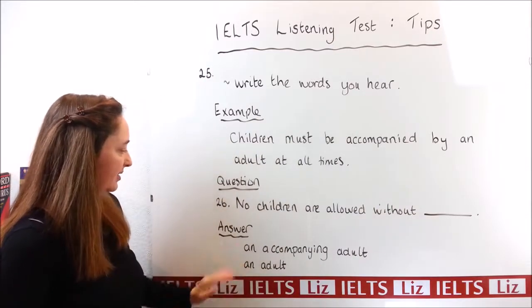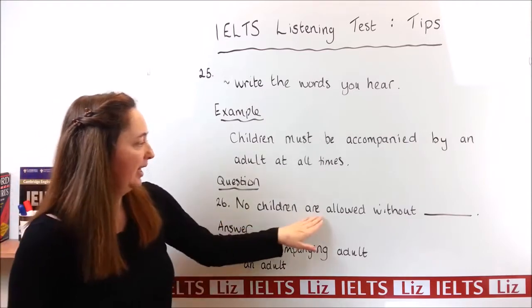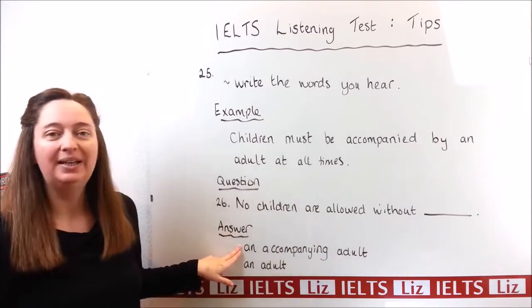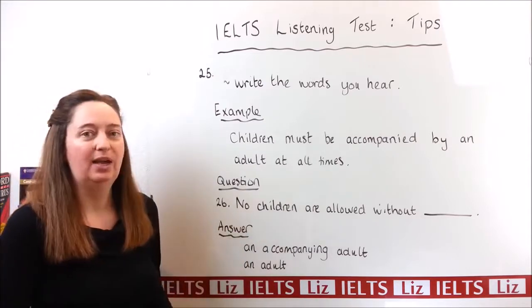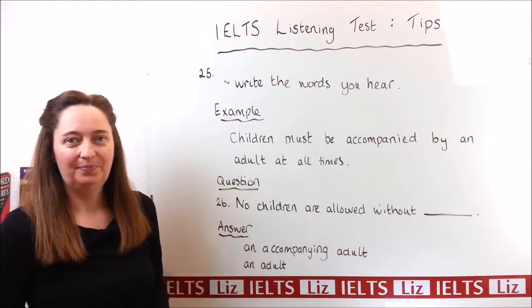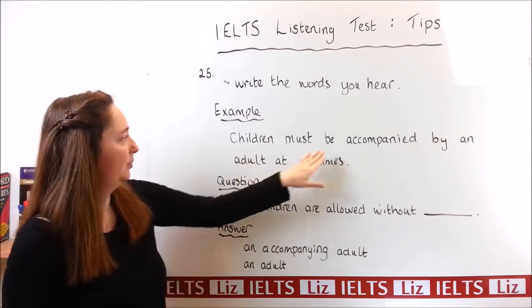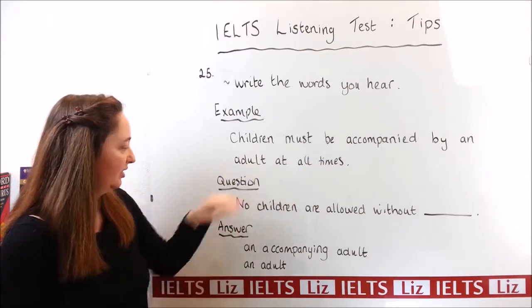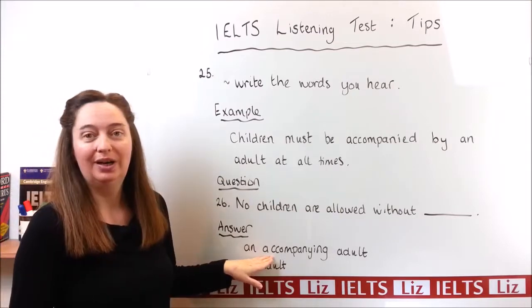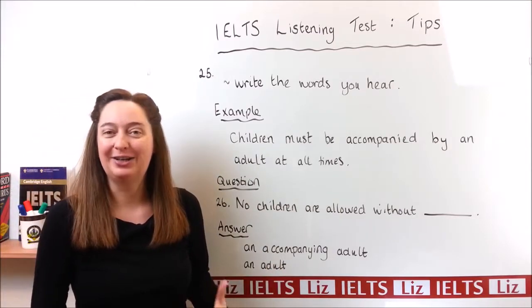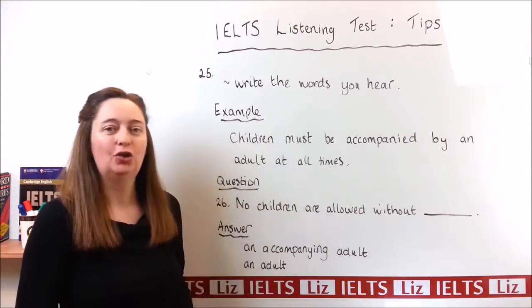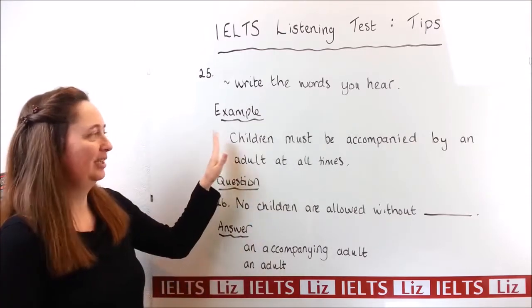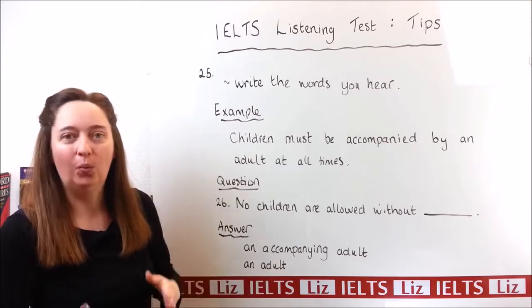Now, here are 2 answers. No children are allowed without an accompanying adult, or no children are allowed without an adult. Now, if we look here, we have to be accompanied by an adult. So it is true that children must have an accompanying adult. But that is not what the recording actually says word for word.